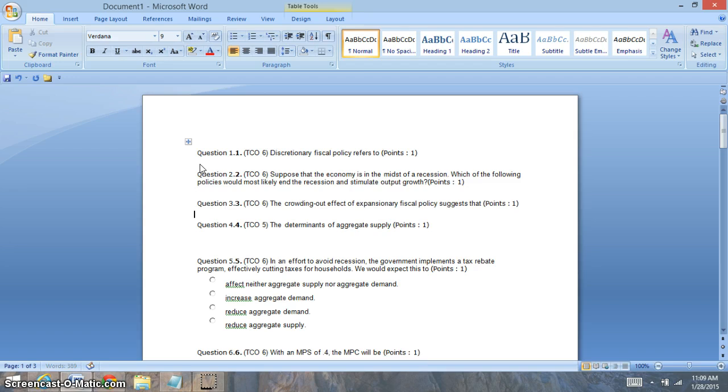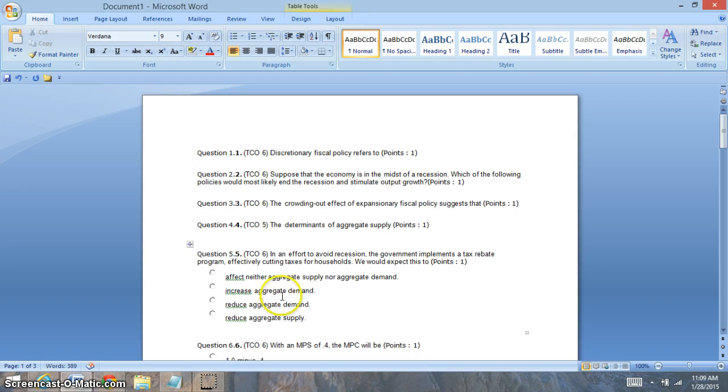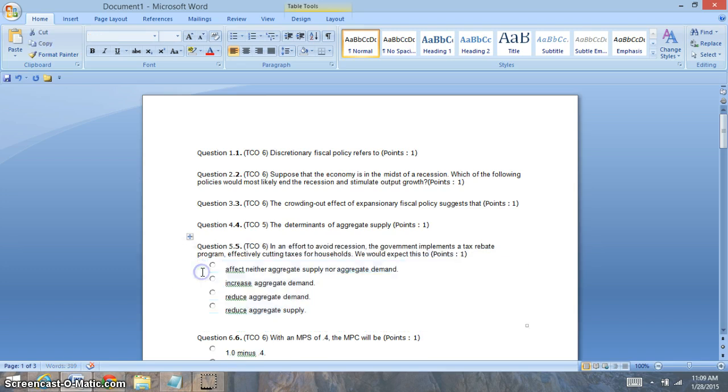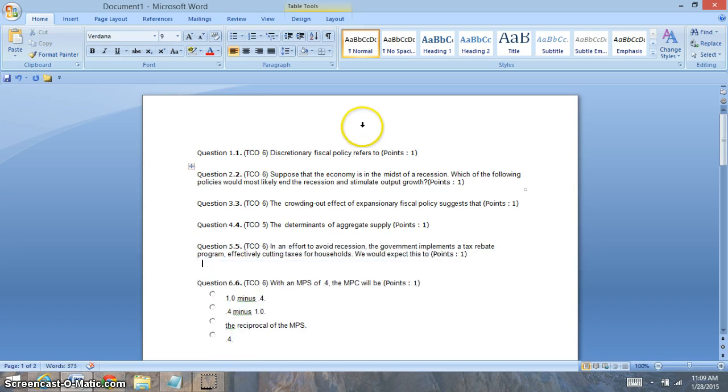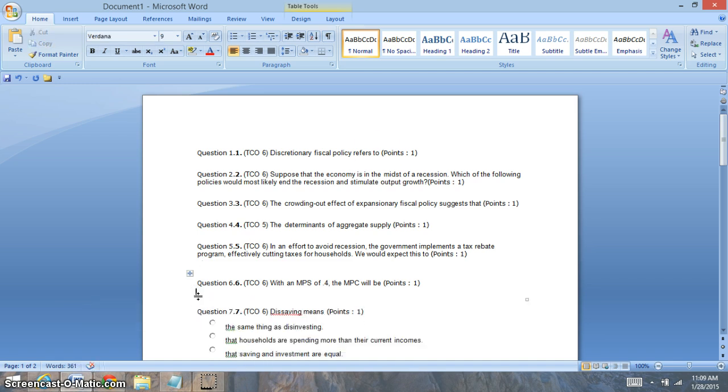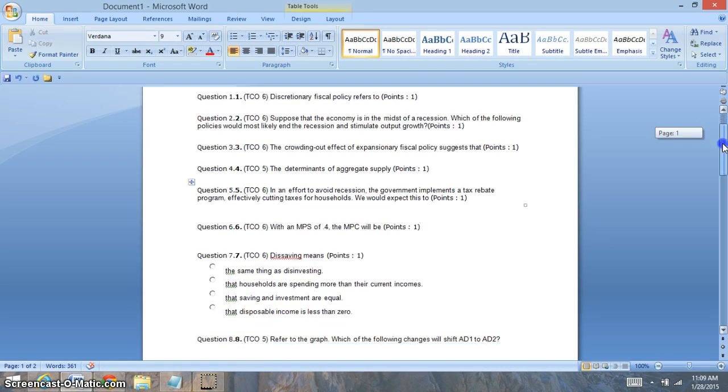Taxes and spending levels, that's the key. Question 2 is looking at, suppose the economy is amidst a recession. What would be a way to stimulate our economy? You would want to look at anything that increases consumer spending, so a decrease in taxes or an increase in government spending.